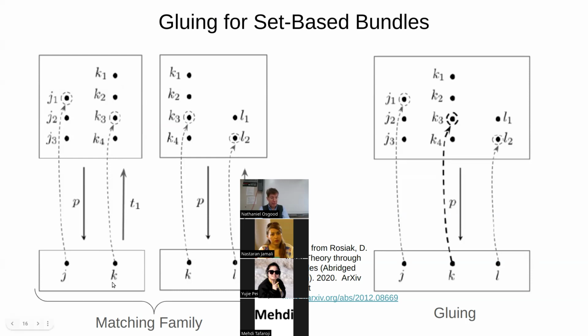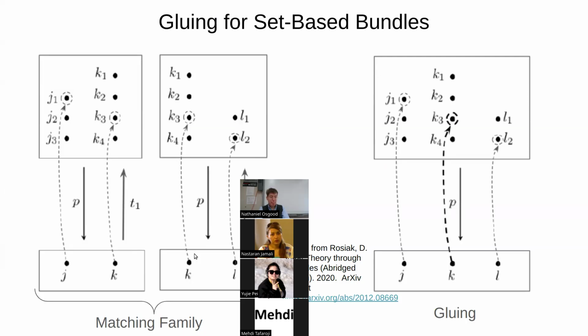So if we have that for the subset of the base space JK, it's a set. It's a subset of all of it for the base space. We're thinking of this for set-based examples. And we have it for KL as well. It's a subset.